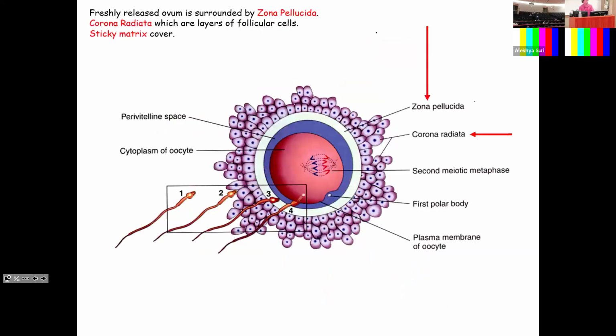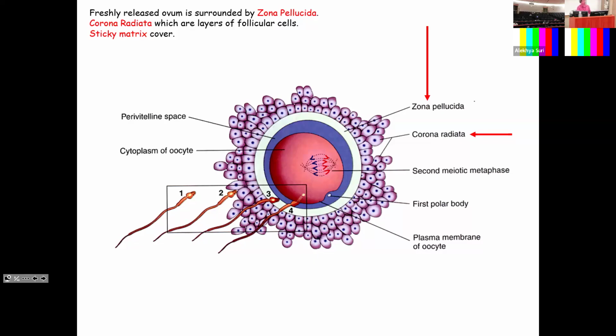So this is what happens. We have the oocyte, the giant oocyte that I told you about, and we have layers that surround that oocyte. We have the space called the perivitelline space. Here we have, importantly, what is called the zona pellucida. This layer here envelops the oocyte.